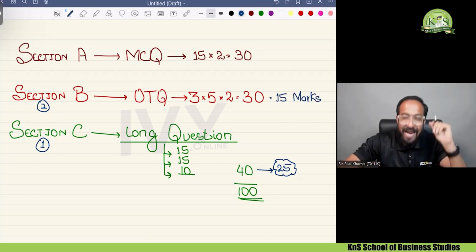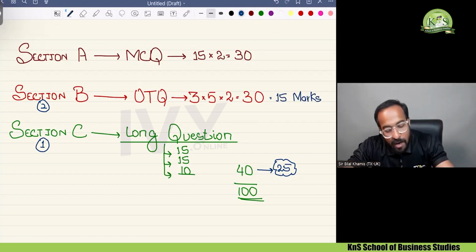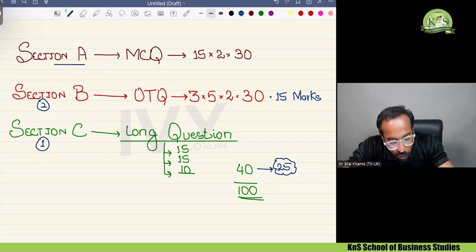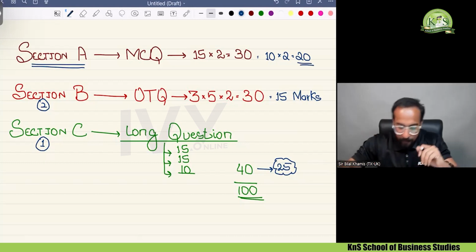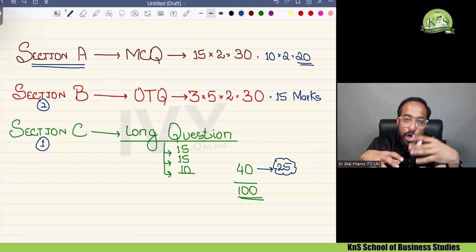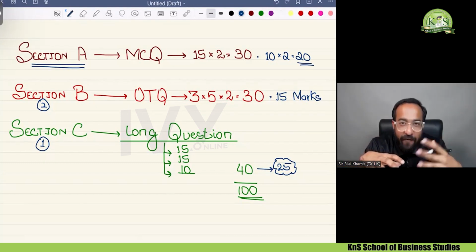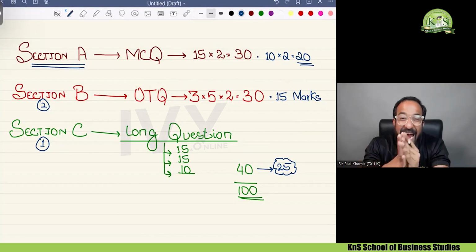Now you have collected 14 marks. Now section A covers the whole. Let's suppose you get 10 correct, you will get 20 marks. Here is a bunch of passing marks. You will have more marks, but this is the minimum you will be covering.